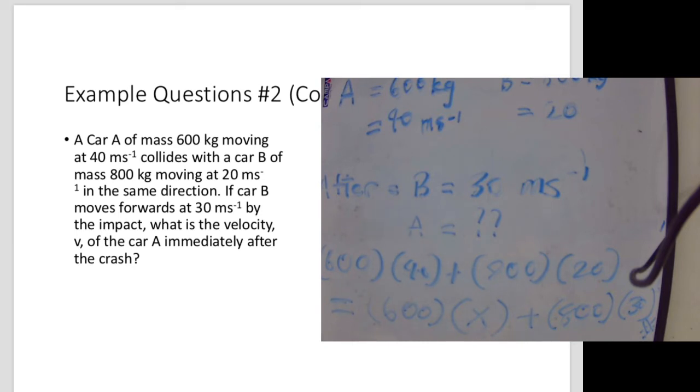Someone wrote 26.7. Be careful when you round off. Always remember the rules for rounding off.